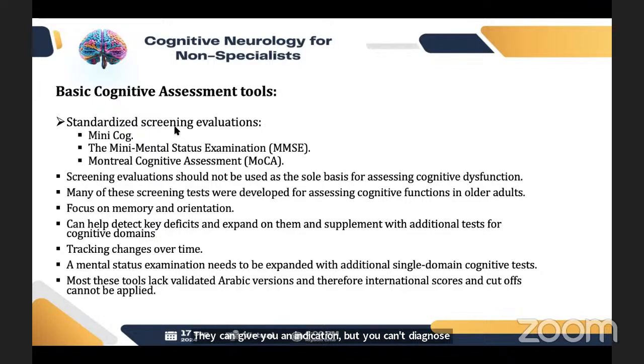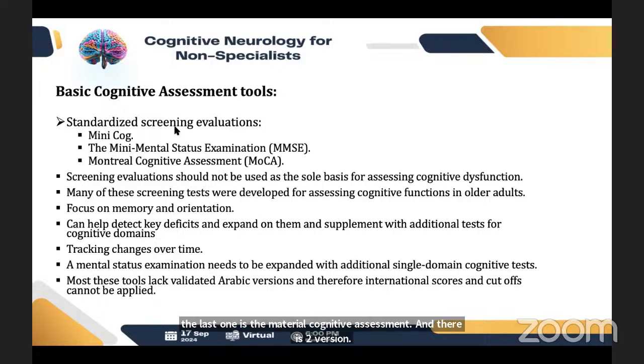The first one is called the Mini-Cog, which is a short assessment. It takes about 3 minutes only, and we'll show it to you later in detail. The second one is the Mini Mental State Examination. And the last one is the Montreal Cognitive Assessment, and there are 2 versions, MoCA A and B.